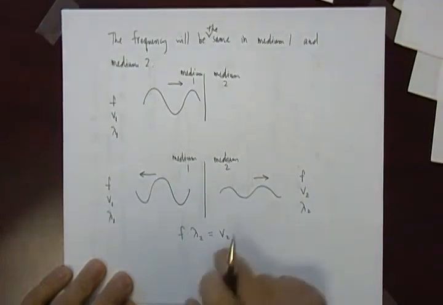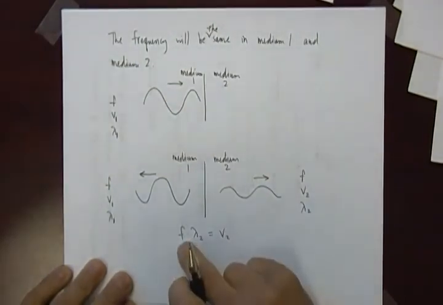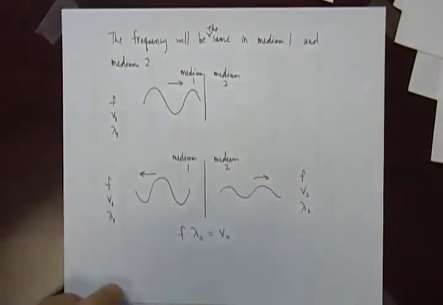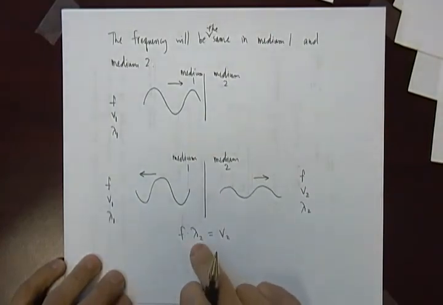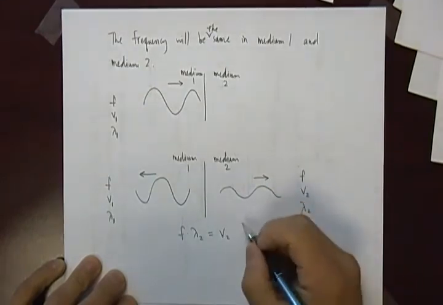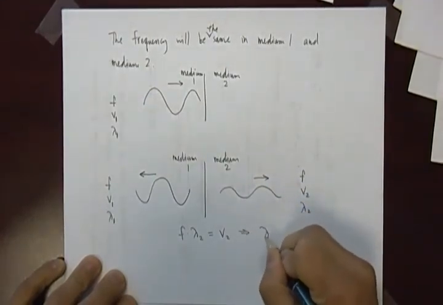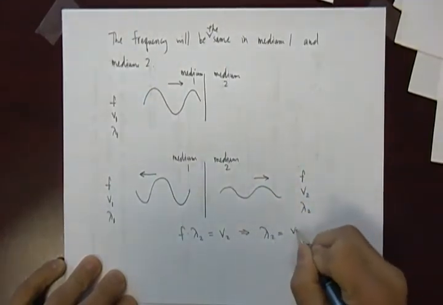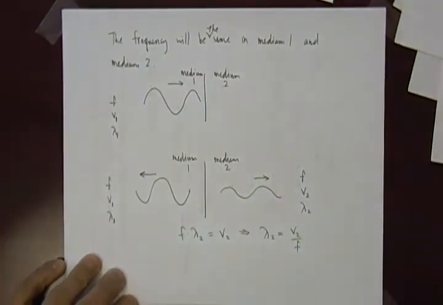Frequency times wavelength gives wave speed. Okay? F is the same for all of them, so I don't need an F2 here, just F. F times lambda 2 is equal to V2. Alright, so now I can write an expression for lambda 2. Lambda 2 is equal to V2 over F.